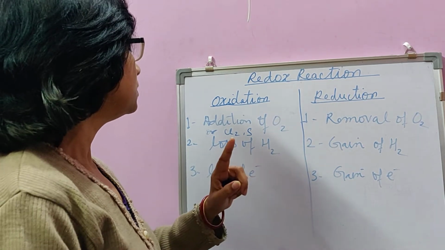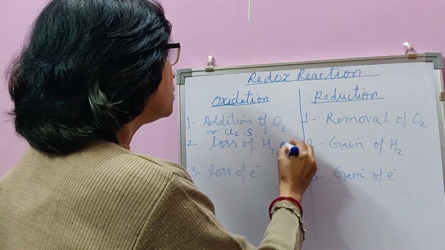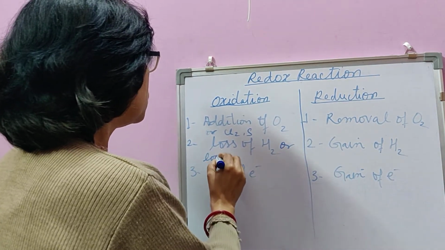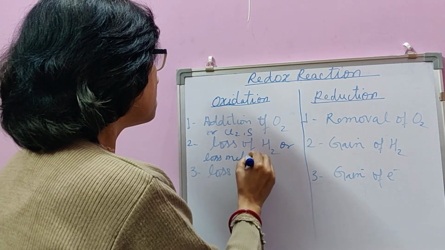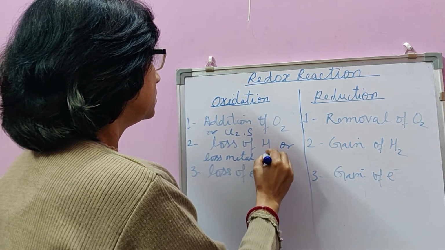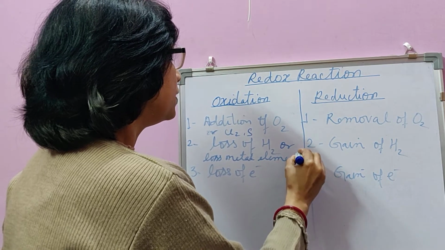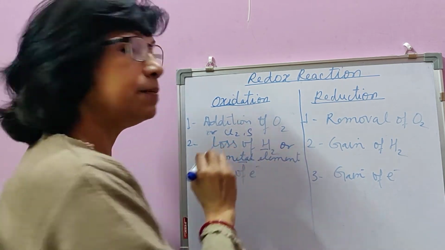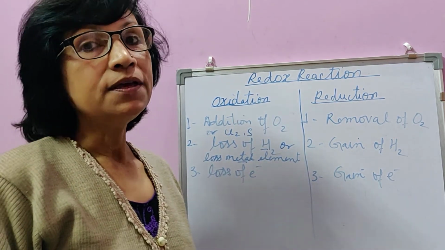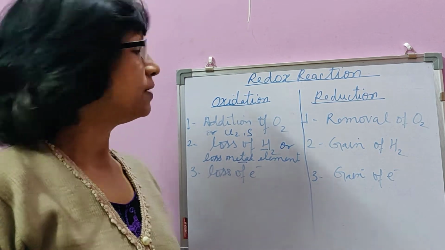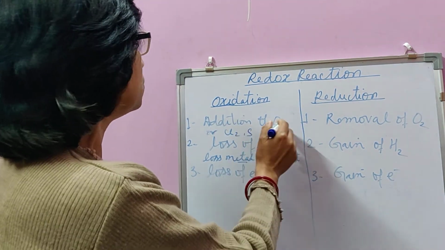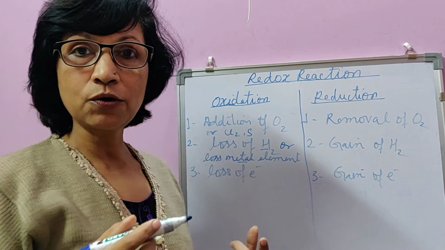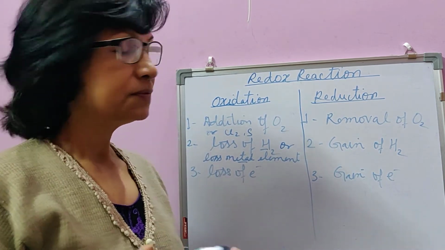And loss of hydrogen or loss of any electropositive element, meaning metal elements. What is similar between hydrogen and metal elements? Both of them give electrons to become positive ions. And what is similar between non-metals and oxygen? They gain electrons to become negative radicals.